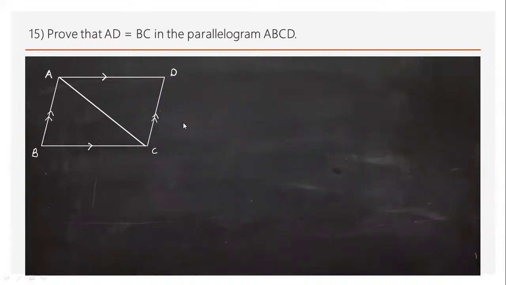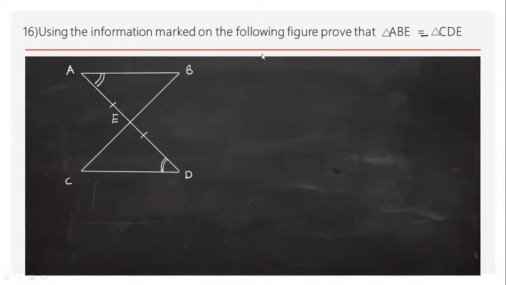17th one. Using the information marked on the following figure, prove that triangle ABE is congruent to triangle CDE. Right. Look at this triangle, triangle ABE and triangle CDE. Now look at this. These two are alternate angles: angle BAE equals EDC.